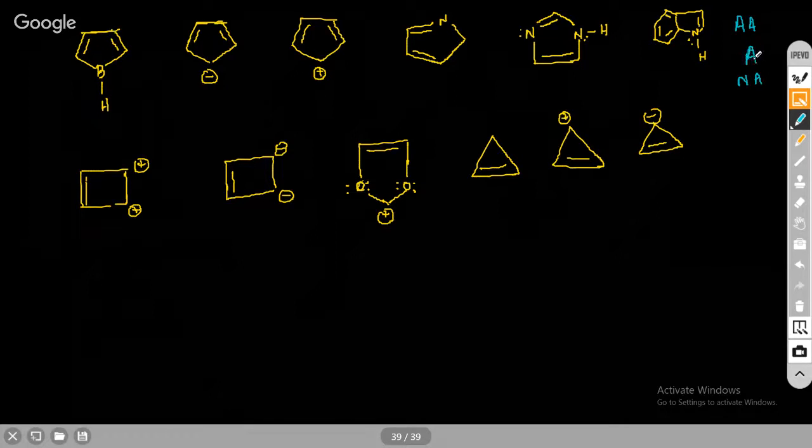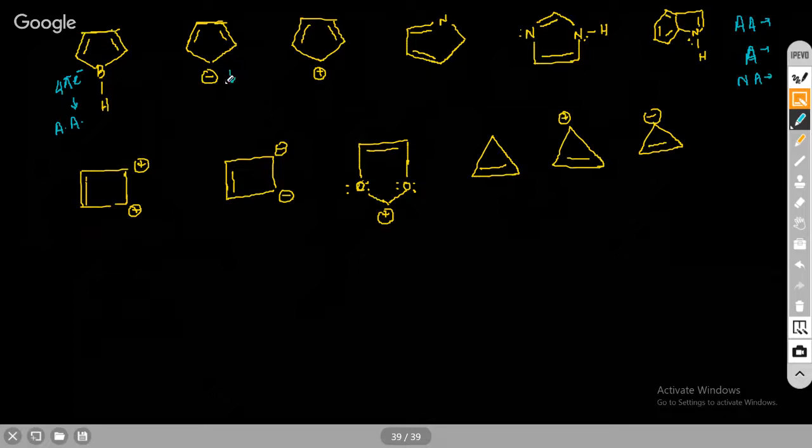That's it. Anti-aromatic, aromatic and non-aromatic. First one has 4 pi electrons, correct. Because boron is electron deficient, it has a vacant p orbital but no lone pair on it. So 4 pi electrons, it is anti-aromatic.